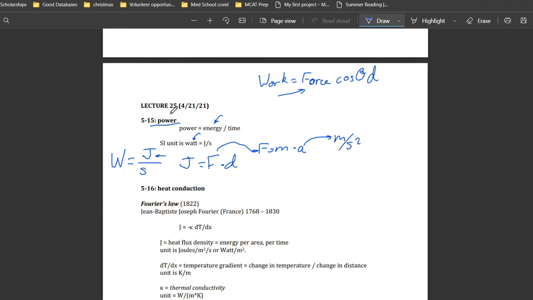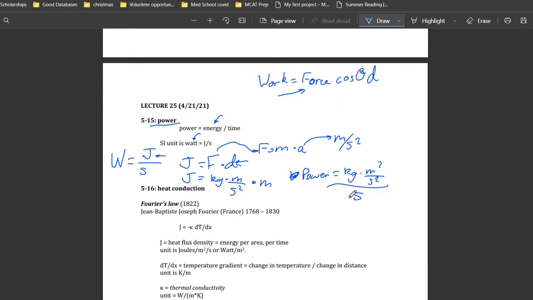So if we bring this all the way back to power, we can say that joules can be rewritten as equal to kilograms times meters per second squared times meters, because that would be the distance unit here. And then when we plug that into watts for power, we can say that power is equal to kilograms times meters squared per second squared divided by seconds.